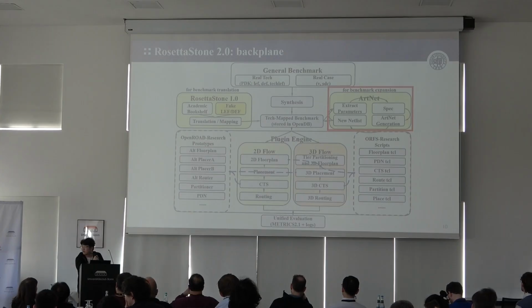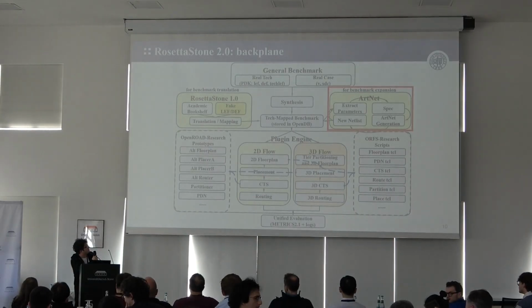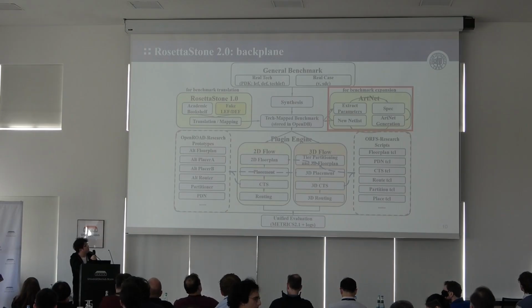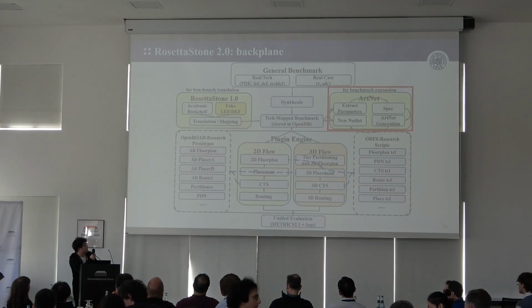Is it parameterizable? Like if I want to have more Rent exponents in some parts of the circuit, can I add more complexity to the output of ArtNet to make some designs hard to route or hard to time close? Maybe, for example, the average fan-out of the netlist, or the standard cell ratio, or the logic cell ratio in the netlist, and the macros, and so on.